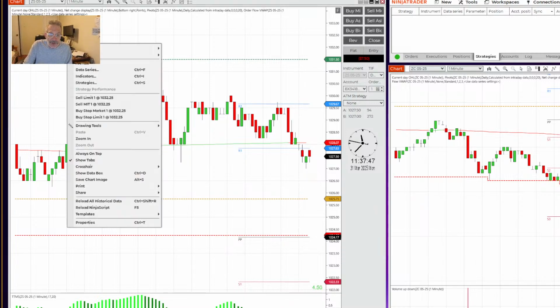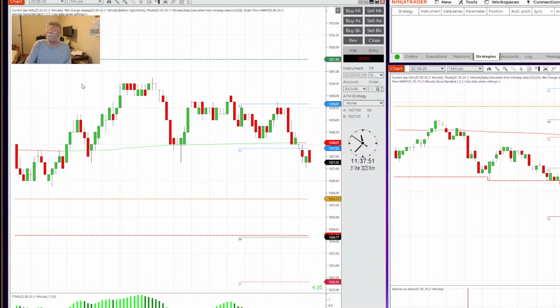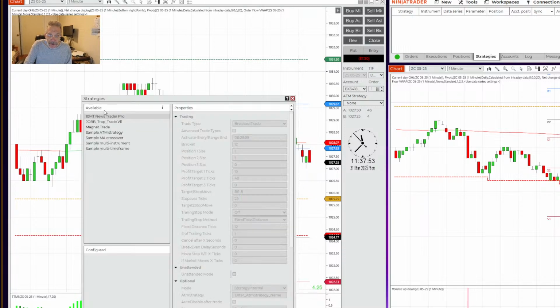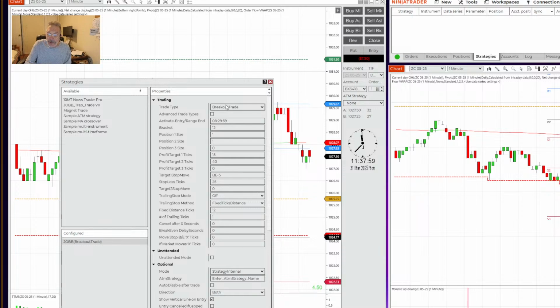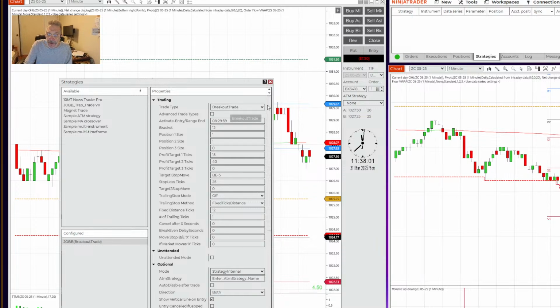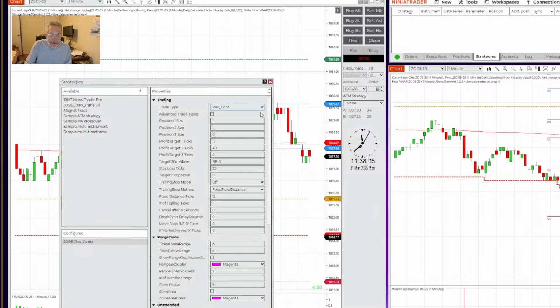Right click the chart, click on strategies, double click news trader, and instead of doing a breakout trade, which is the default, click reverse continue. I'll just trade one position. It's $12.50 a tick.